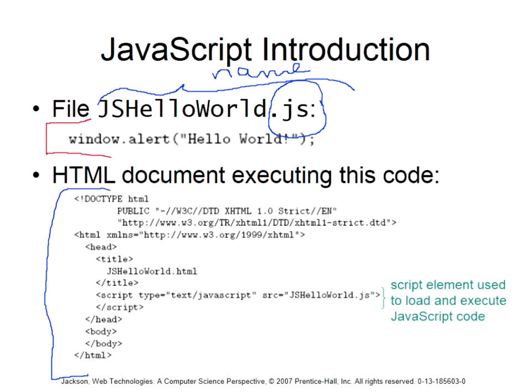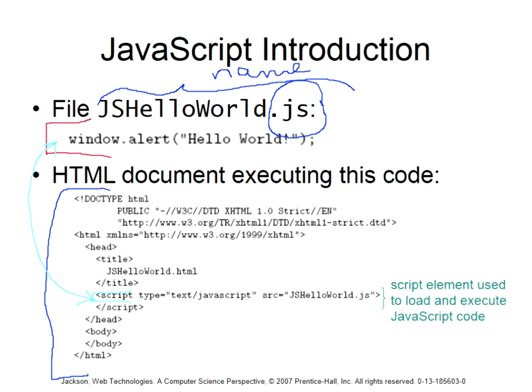So here, to create the link between HTML and JavaScript, we will use the tag script. Script makes the link between the HTML document and the .js file.